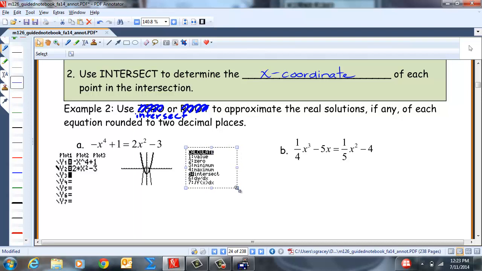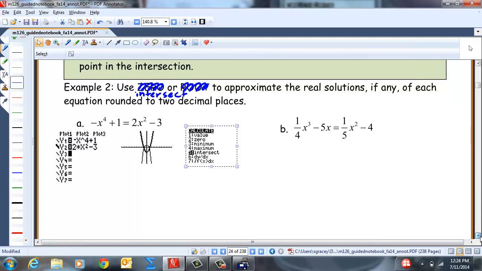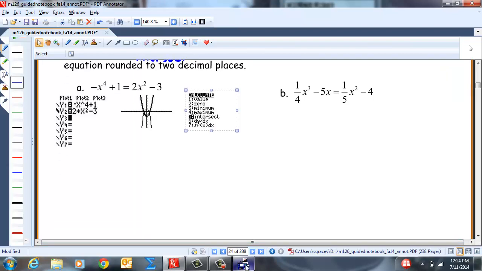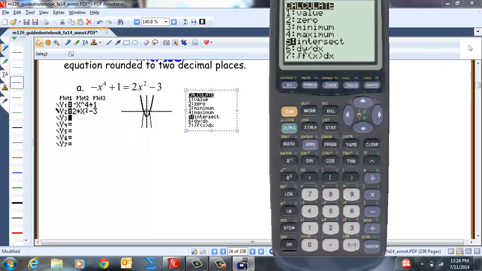On the intersect menu, it will ask you which one is the first curve. Do you see that it is blinking right here on the Y1?